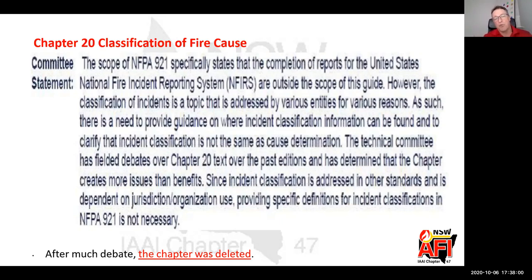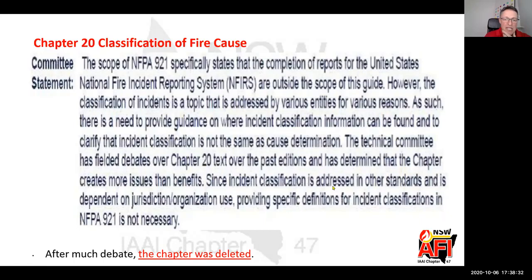The intent here is important. And so they see it as too hard, or not too hard, but the confusion around the intent is very, very difficult. So they feel that it's not part of 921 to opine on the intent, rather than to stick to origin and cause, with the cause being identifying the ignition source and the first fuel. And in this instance, it's the food with the stove on. So that is, I guess, the reasoning.